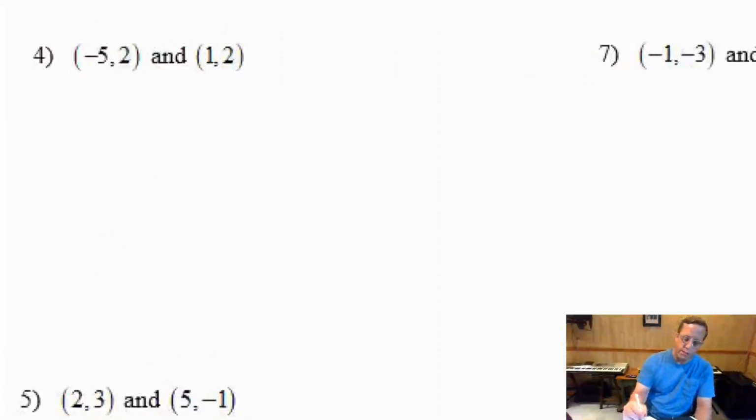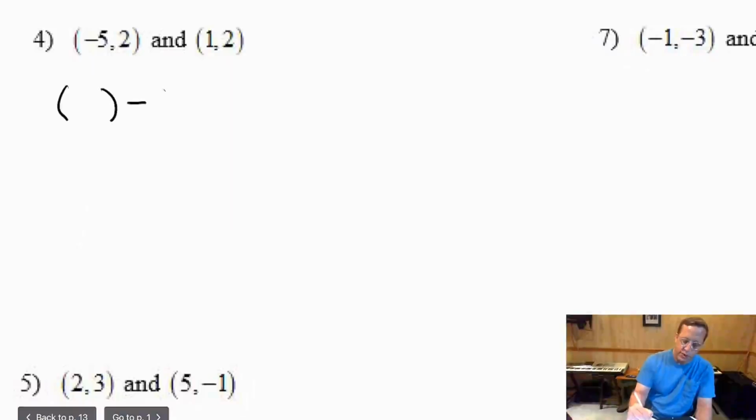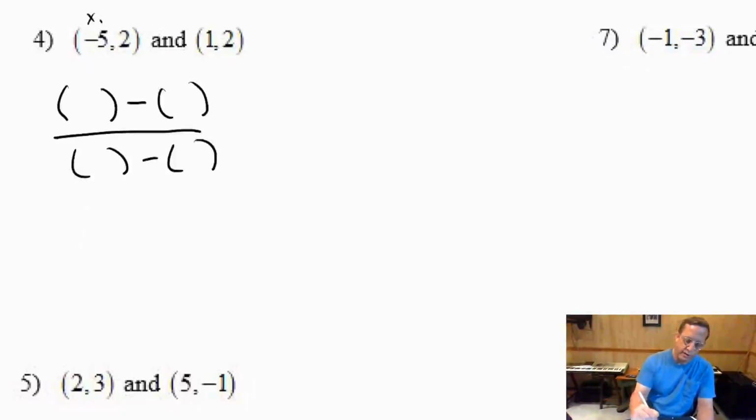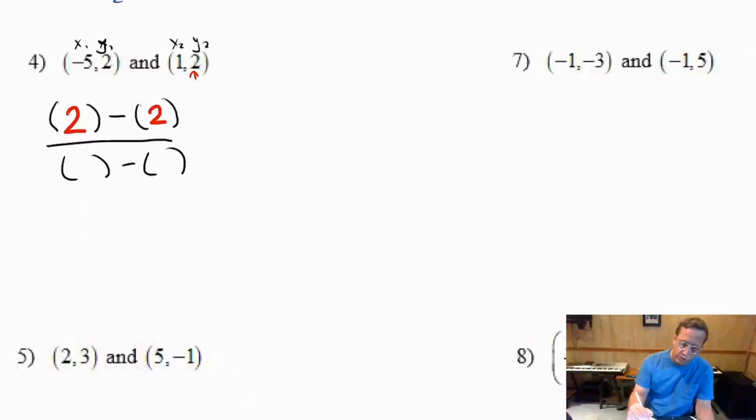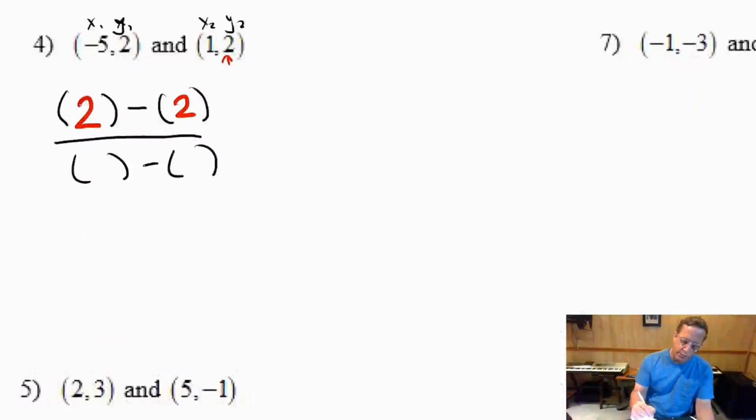Moving on to number 4, I'm going to do the same thing. I'm going to set up parentheses here. So this is our x1, y1, x2, y2. We put 2 as the y2, and then our other y1 is 2, and for our change in x, we're going to put 1 here and -5 there.